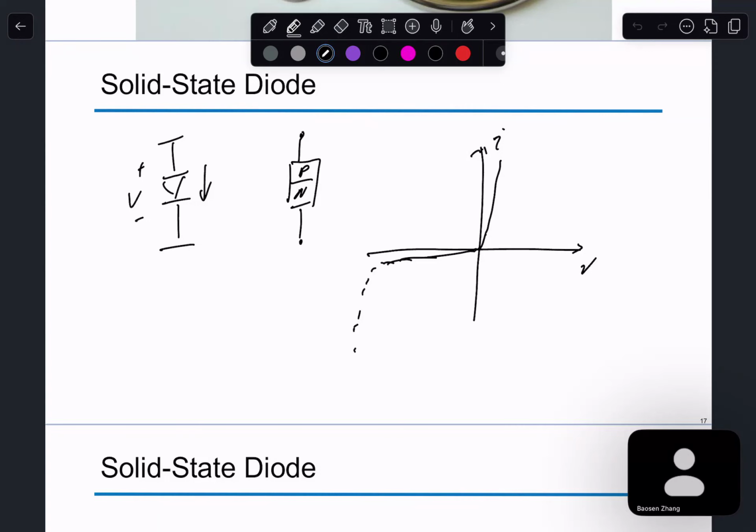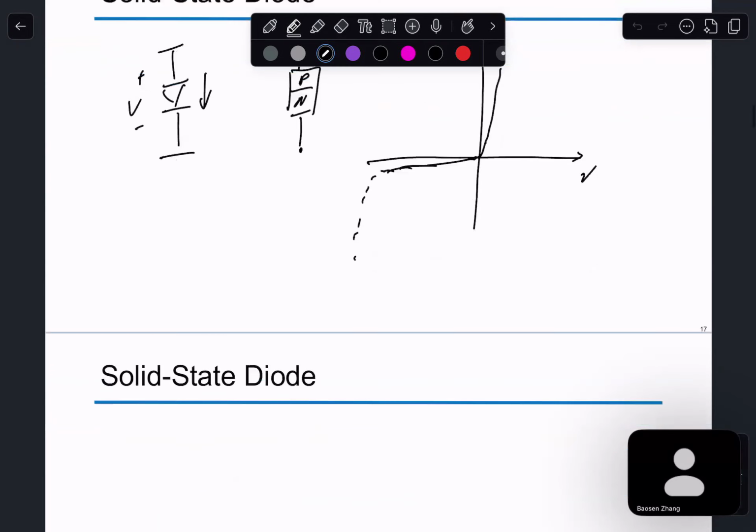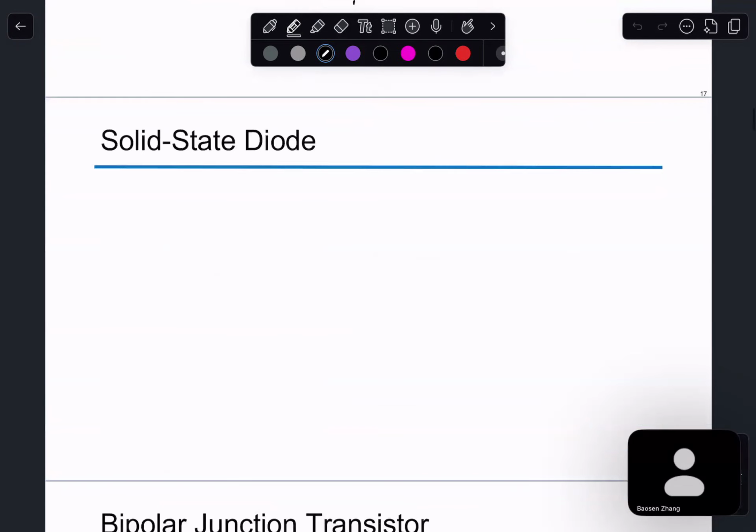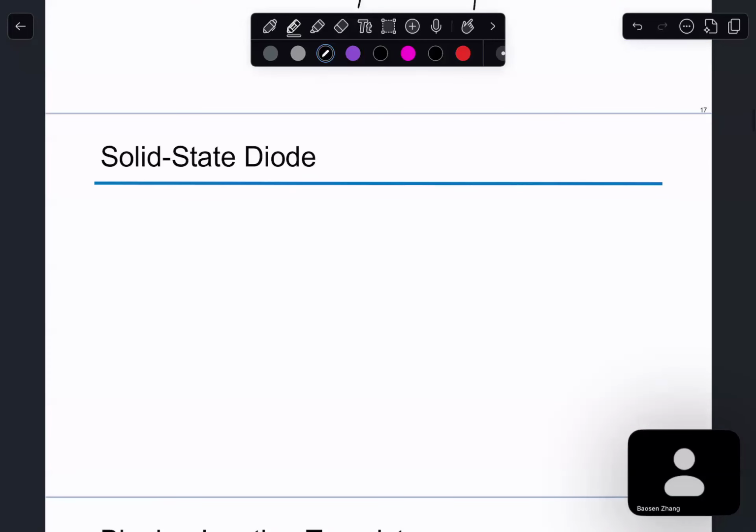A solid state diode is a p-n junction that allows the current to flow through one way. Looking at its VI characteristic, the diode turns on at about 0.7 volts and then blocks current flow going the other way.